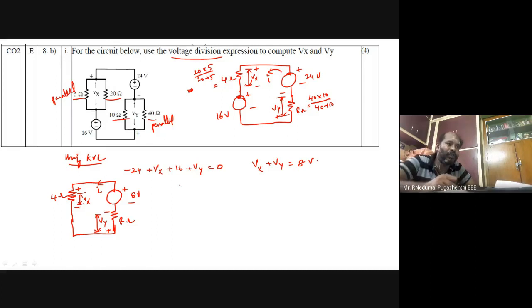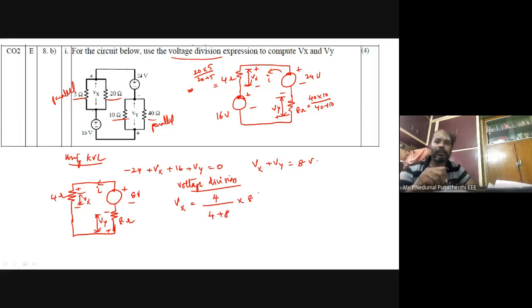So what does the voltage division rule say? The unknown voltage is equal to the same resistance value divided by the total resistance value, into the total voltage. The resistance value across which your voltage has to be found, the same resistance divided by total resistance into the total voltage.